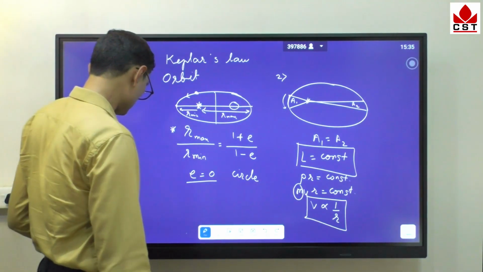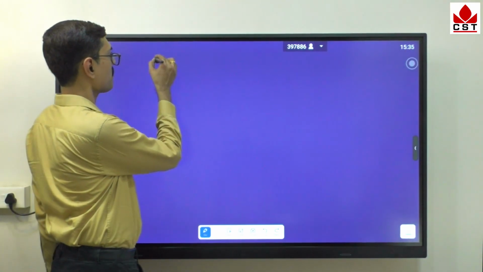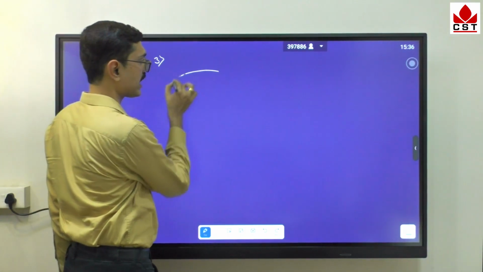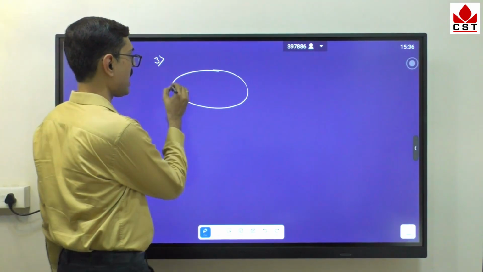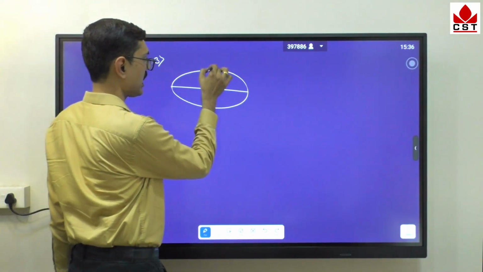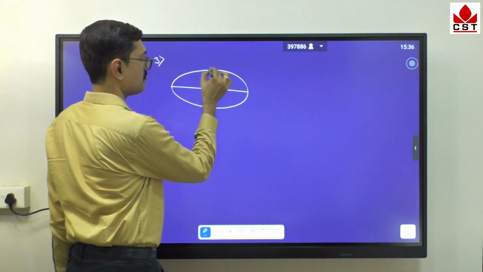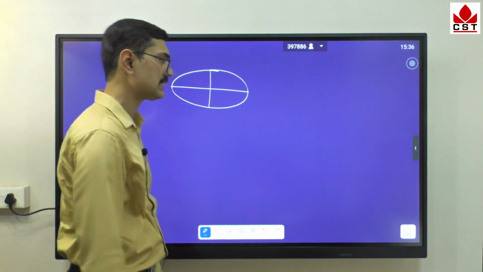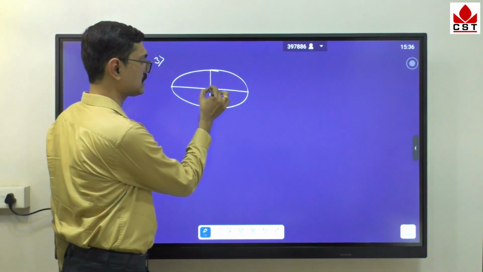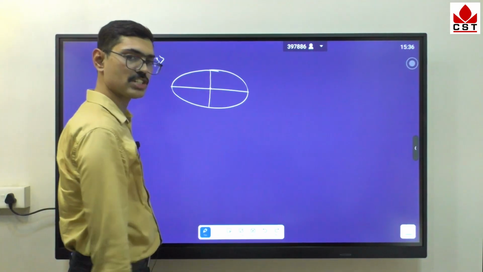Then take the third law, which involves the time period. The average distance we can measure from the minimum and maximum distance, the major axis and minor axis. The center of the ellipse gives the average distance.